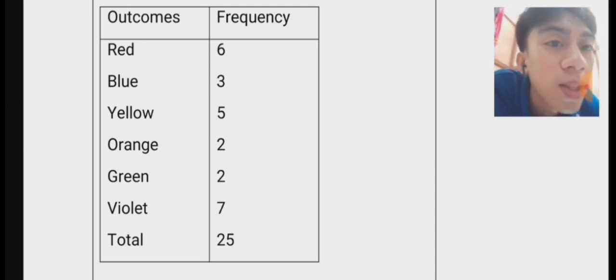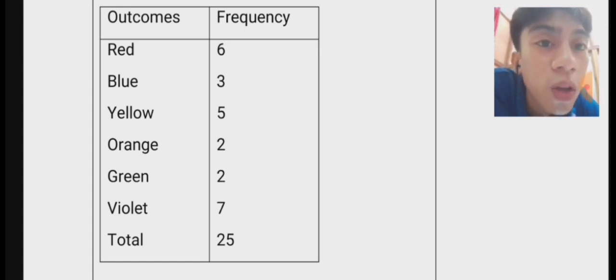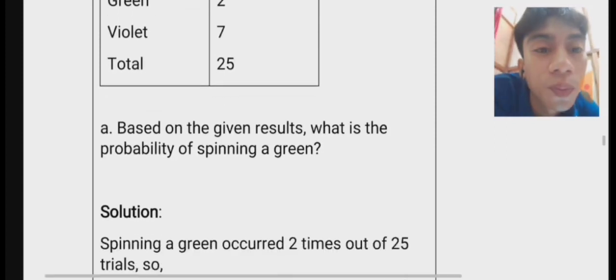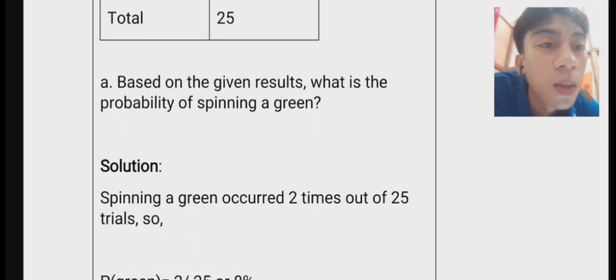The frequency of color red is 6, blue is 3, yellow 5, orange 2, green 2, violet 2, and a total of 25. Based on the given results, what is the probability of spinning a green?